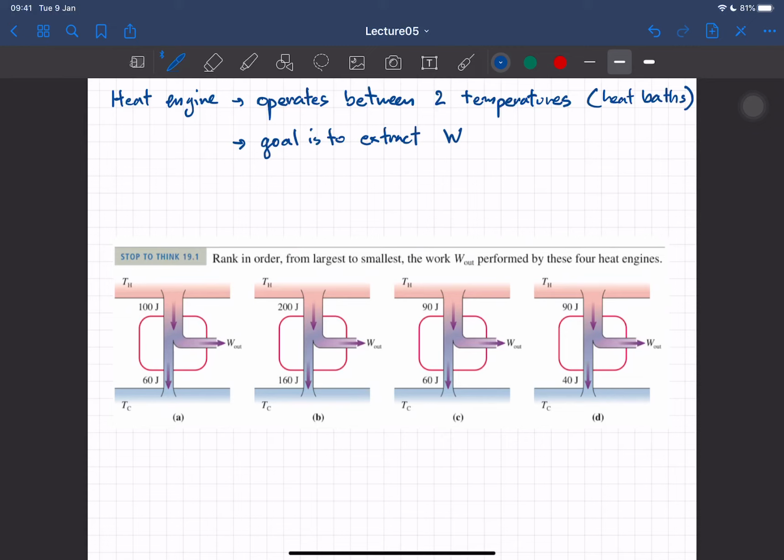So let me explain what this means, and then we're gonna talk about the next thing, which is called the efficiency of the engine. Okay, so you have two heat baths. One is the hot side, so usually we place that at the top, and then one is the cold side, which we put at the bottom.